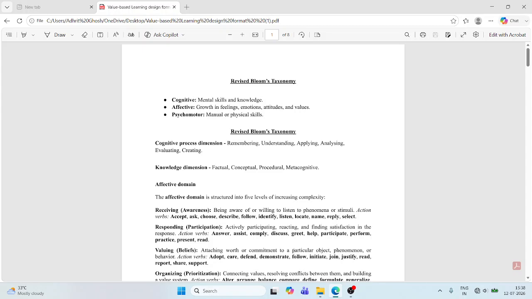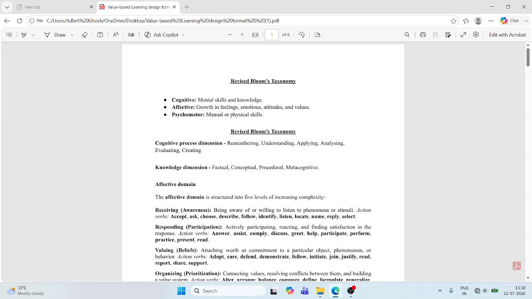Now, the usual learning designs that we prepare for our B.Ed lessons or pedagogy subjects are based on the cognitive domain, wherein we have the cognitive process dimension, including remembering, understanding, applying, analyzing, evaluating, and creating, and the knowledge dimension, including factual, conceptual, procedural, and metacognitive knowledge.